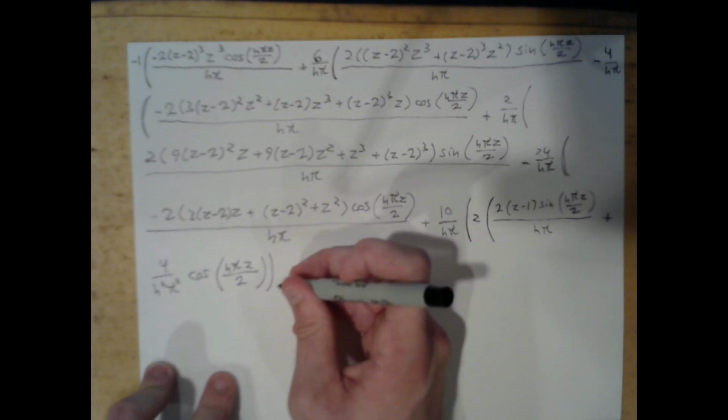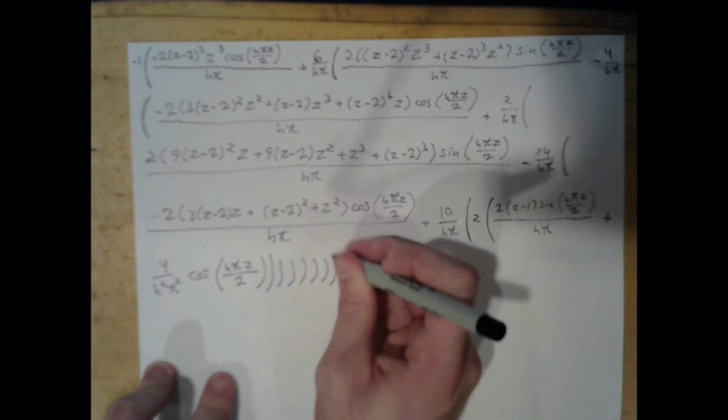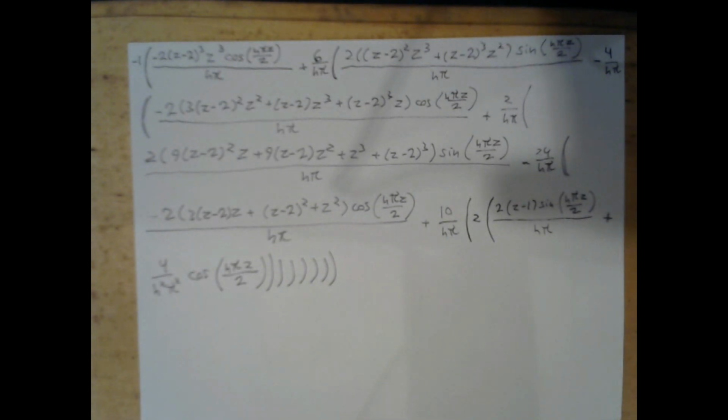We're going to bracket this. Let's see how many times. 1, 2, 3, 4, 5, 6, 7. All right, so now it's bracketed. So now we have our entire integral, so that's good. So our entire integral has been solved here.